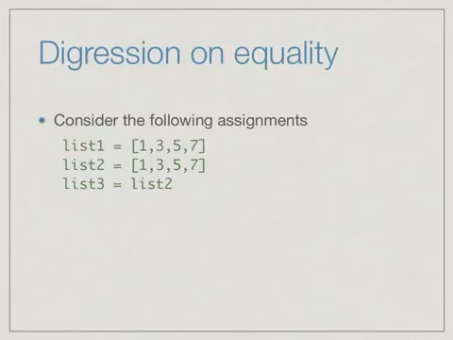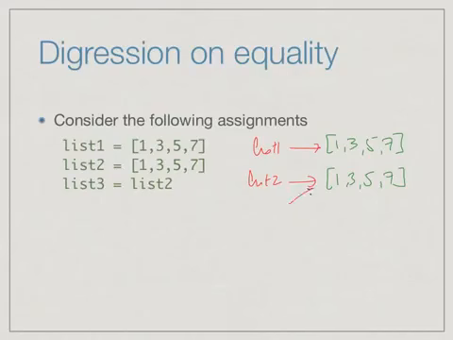So pictorially, we have two lists of the form [1, 3, 5, 7] stored somewhere, right? Initially list1 points to one and list2 points to the other, and the last assignment says that list3 also points to the same one as list2.